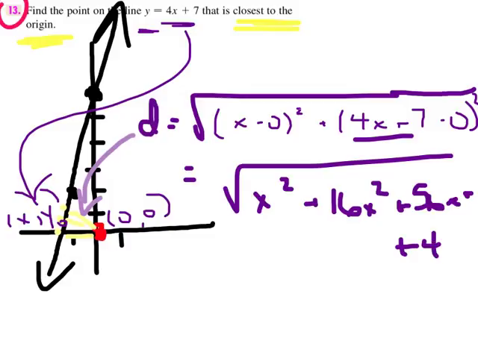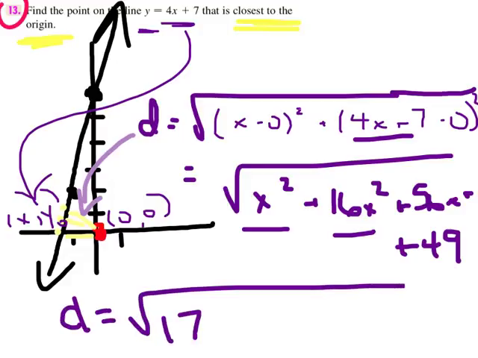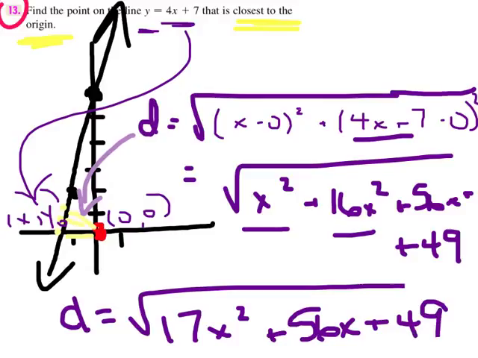Plus 49. Okay, so let's go to the next line, after we combine these two. So now we have a distance that is the square root of 17x squared plus 56x plus 49.